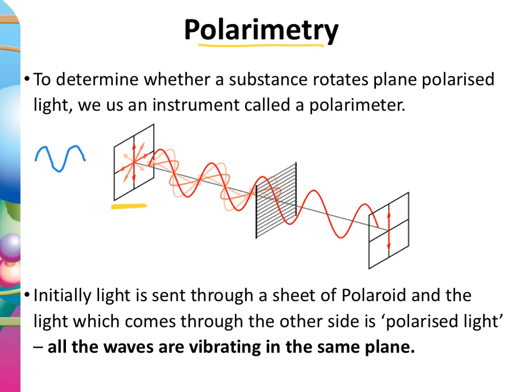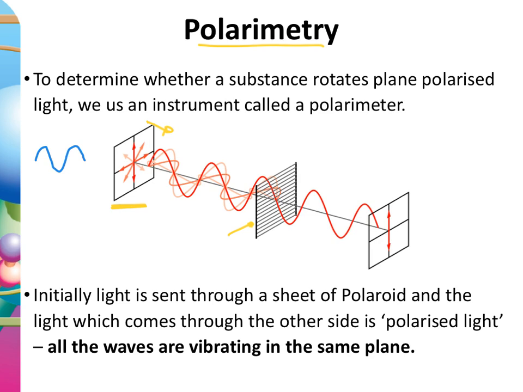So we have light being emitted at the beginning here. It's vibrating in all directions, but it goes through something called a Polaroid. It's a sheet of Polaroid, and you can think of it a little bit like a gate, I guess. What it does is it only allows light that's vibrating in a particular direction through. And this is how Polaroid sunglasses work.